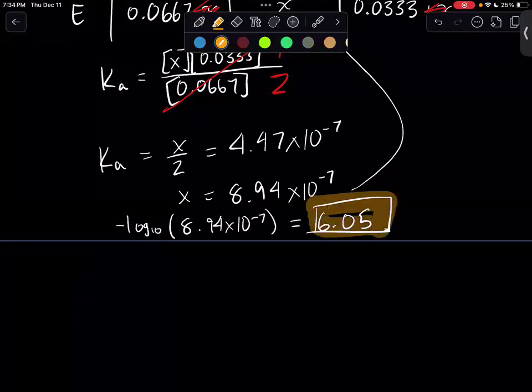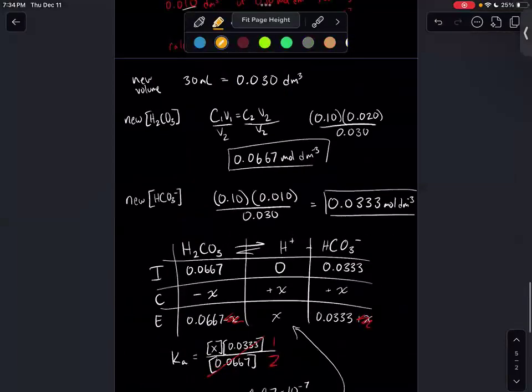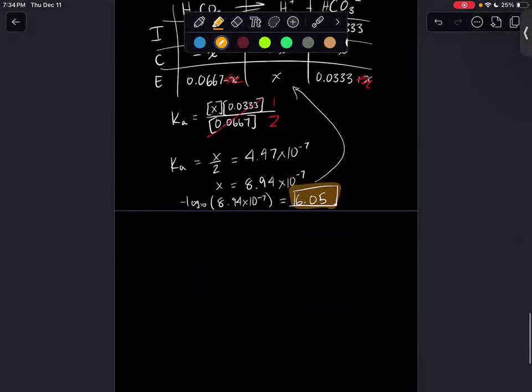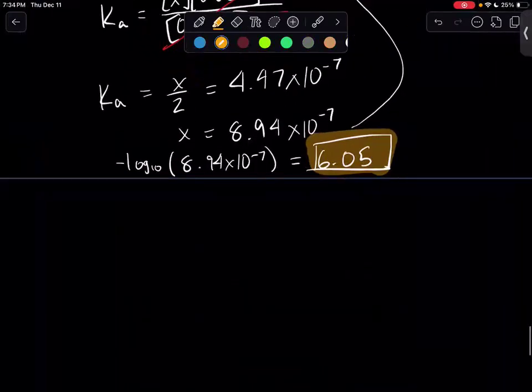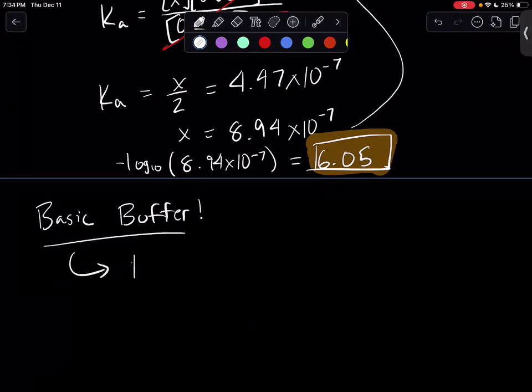So this is kind of how we go through these equations. It takes a little bit of math as we go through. You have to be comfortable with your ice tables as you do it. But if you use diligence and you make sure to take each step carefully, it becomes quite simple to do over time. If we are talking about a basic buffer, I have good news for you. A basic buffer is the same.